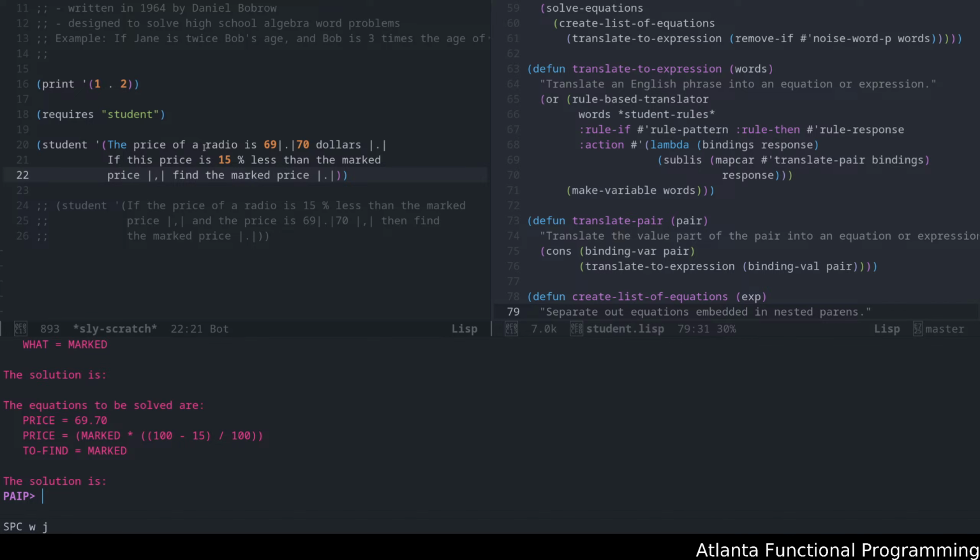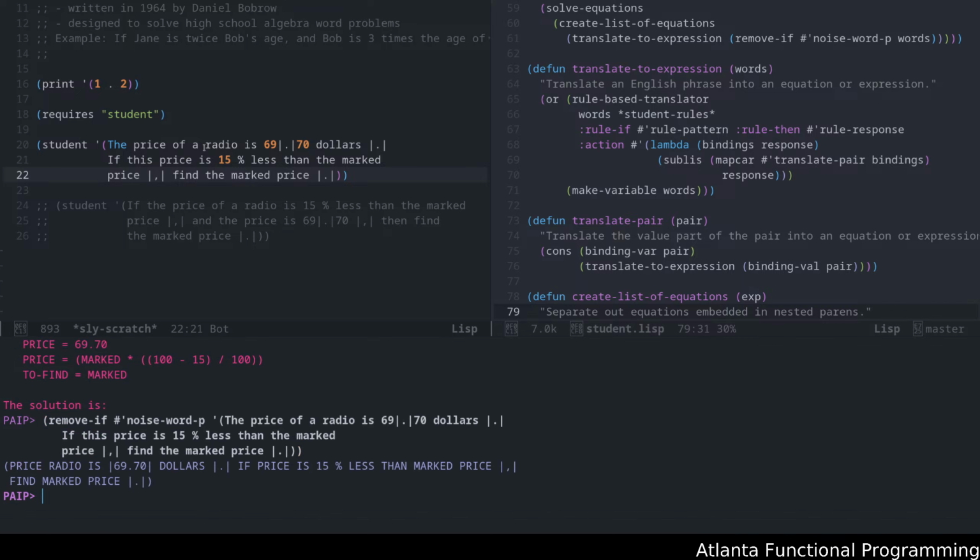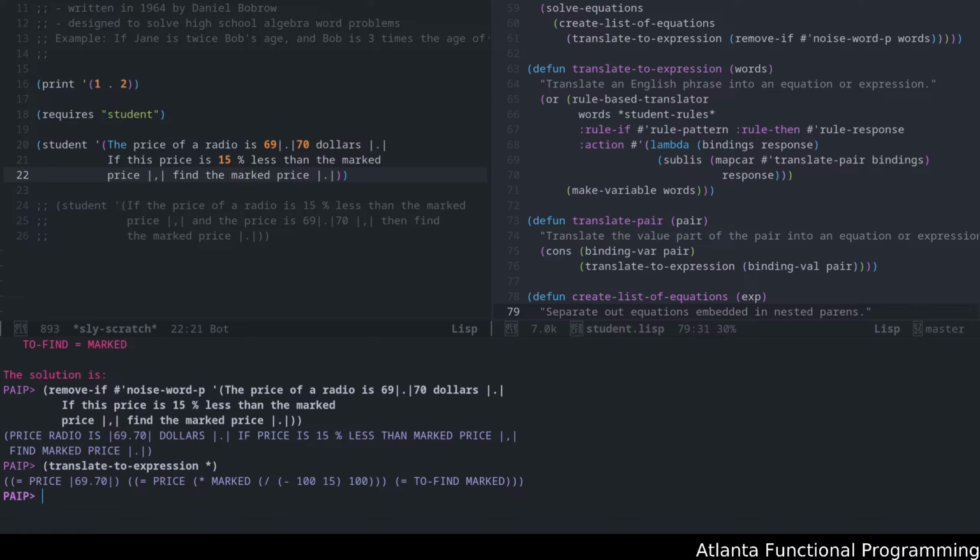So if I did this, got that, then when I do translate-to-expression of this, it means that we created the form.